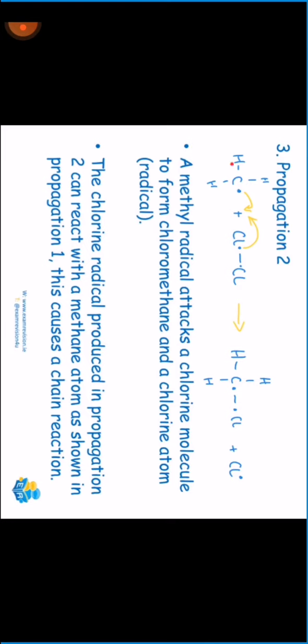The chlorine free radical produced in this propagation step can then react with a methane molecule as shown in propagation 1, and this is what causes the chain reaction to happen in the monochlorination of methane.